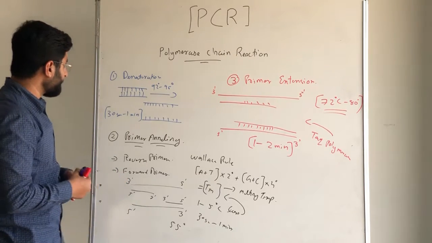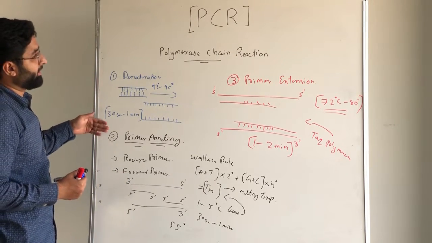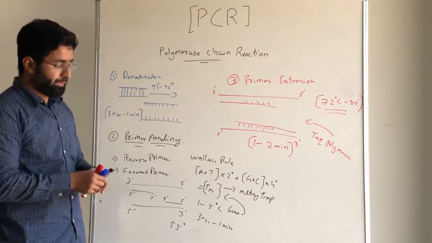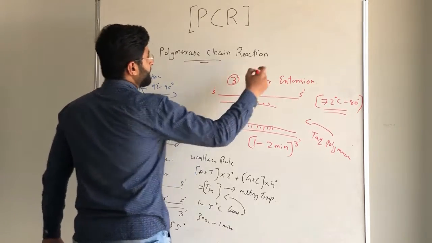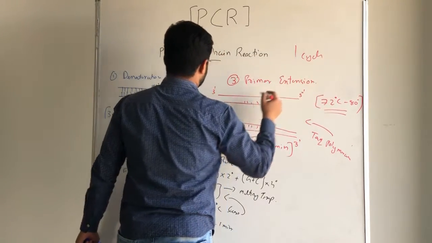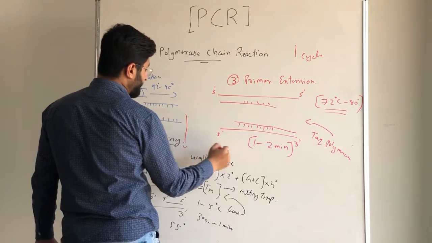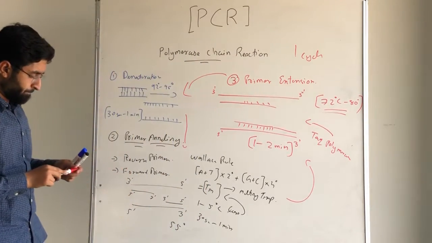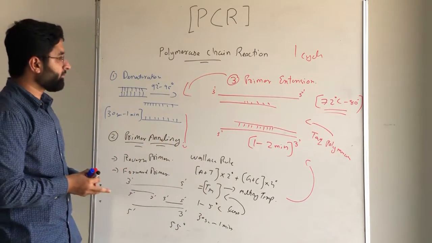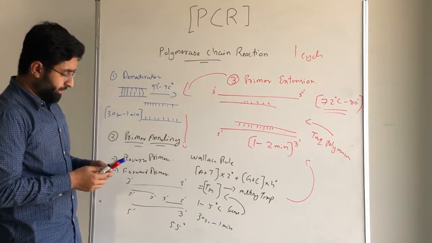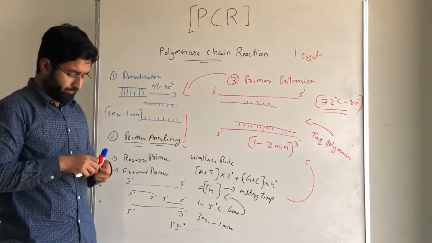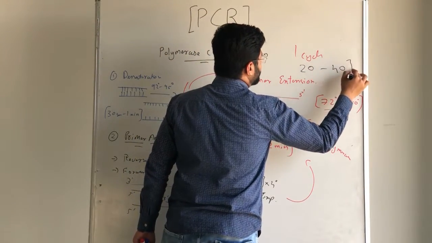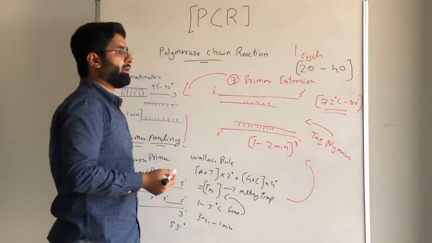So we have covered denaturation, primer annealing and primer extension. These three processes complete one cycle, right, from denaturation to here and again from here to here. A complete PCR generally varies from 20 to 40 cycles, depending on the amount of DNA we require.